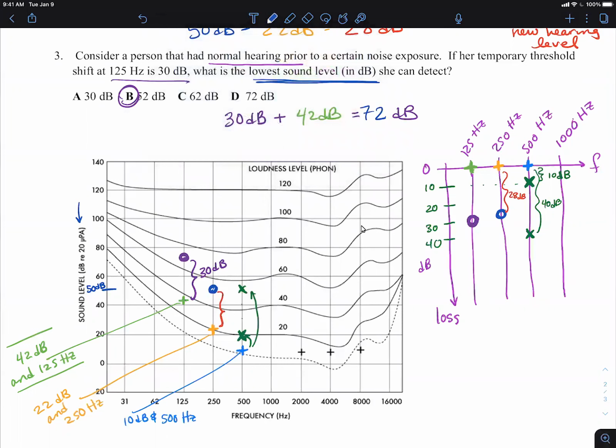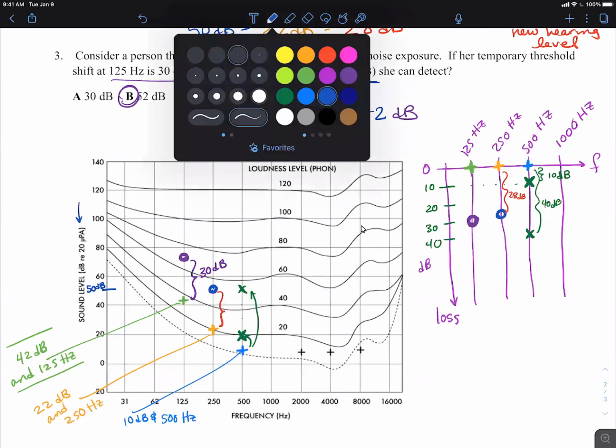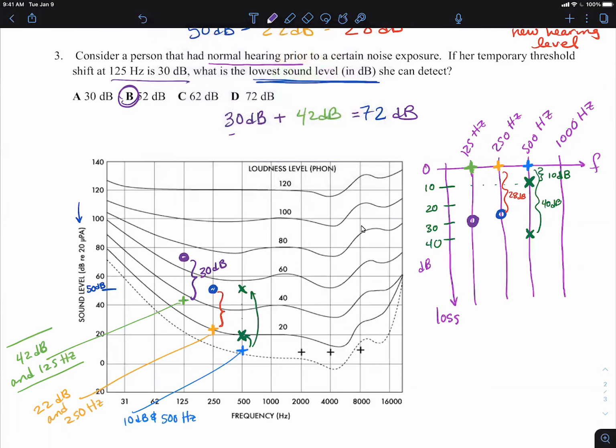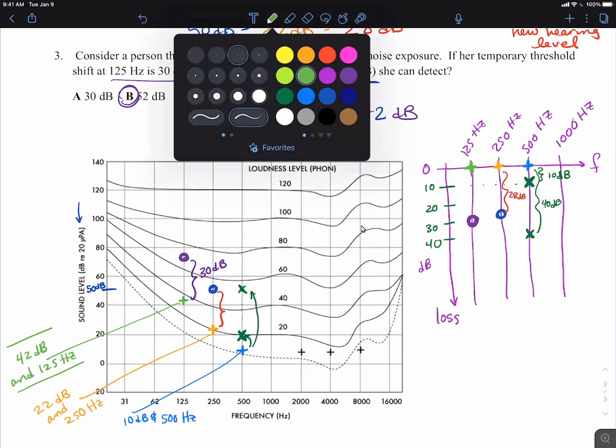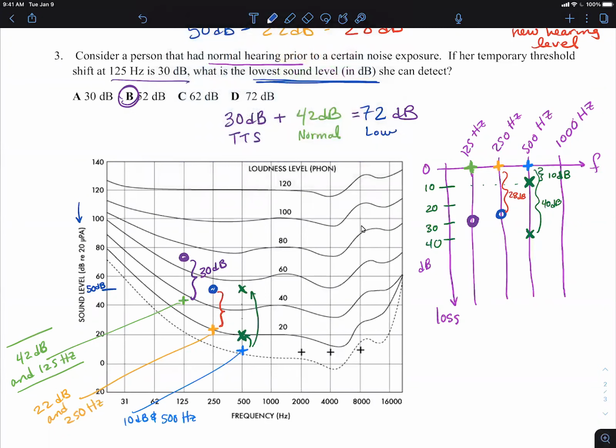Okay, so this is the level, and this here is the temporary threshold shift. This is the normal hearing threshold. And then this is the lowest SPL that can be heard.